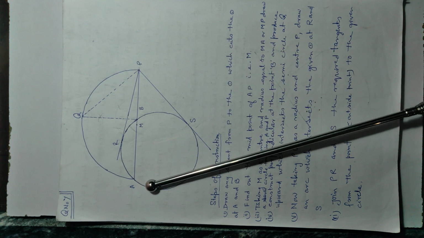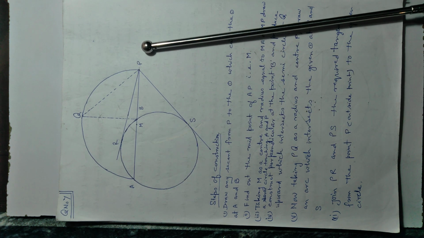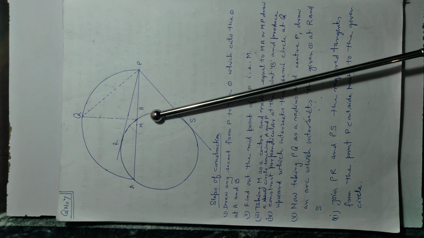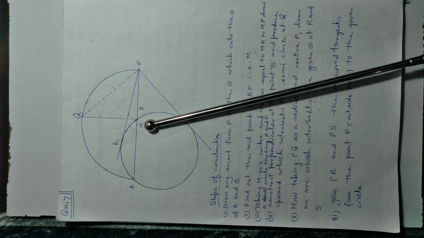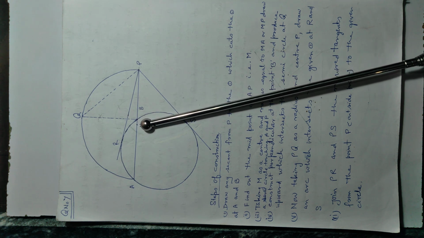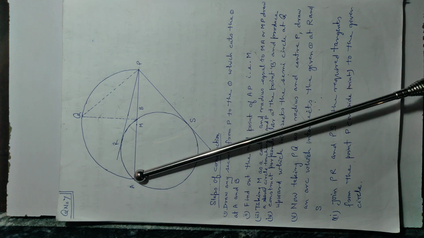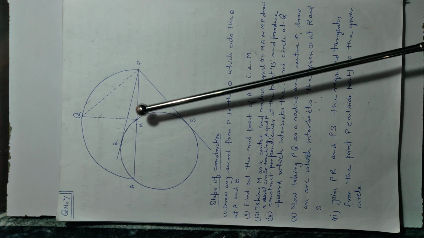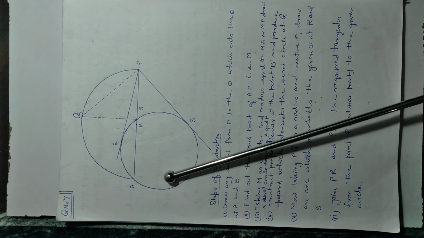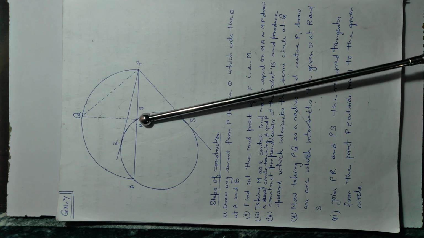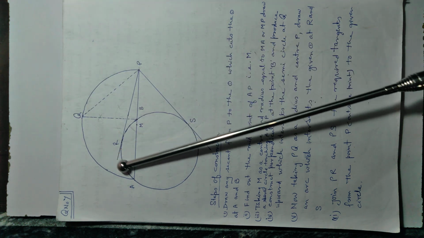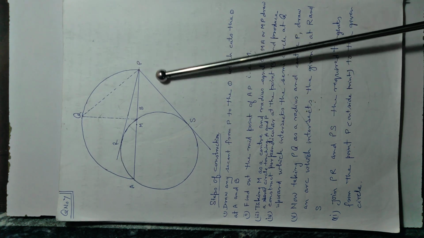PA का हम midpoint निकालेंगे और let M be the midpoint. Taking M as a center and radius equal to MA or MP, draw a circle, semicircle we can say. So PQA is a semicircle.